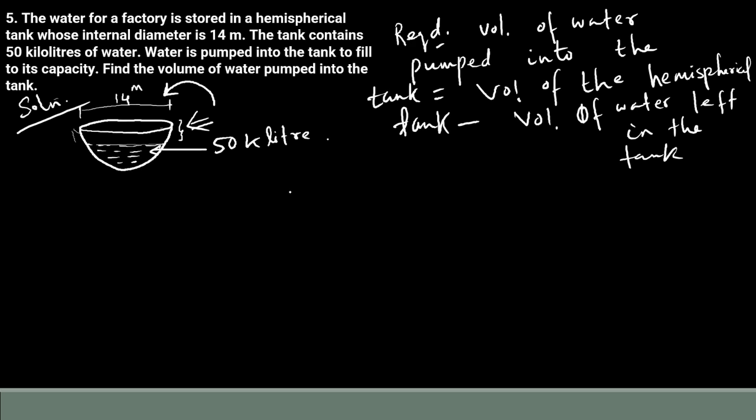So what is the volume of the hemispherical tank? We know this, right? 2/3 times pi r cube. R is 14 divided by 2, cubed. This is the volume of the hemispherical tank minus volume of water left, which is 50 kiloliters. So I'm just writing 50 here. This 14 is in meter, and 2/3 pi r cube will give us meter cube.